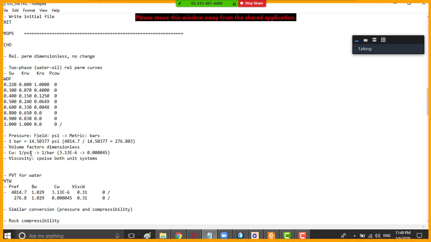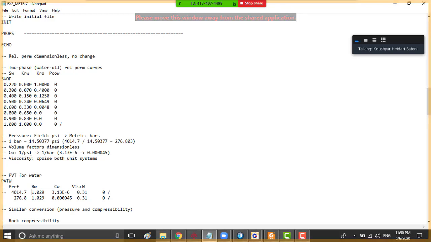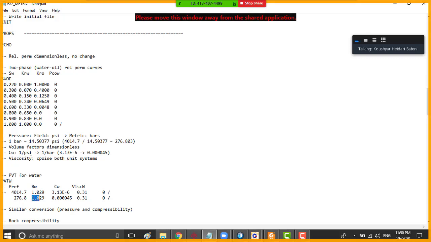Now, for formation volume factor, you don't need to do any specific unit conversion, because the formation volume factor is a dimensionless property, right? So you see that in both systems the B of W is 1.029.